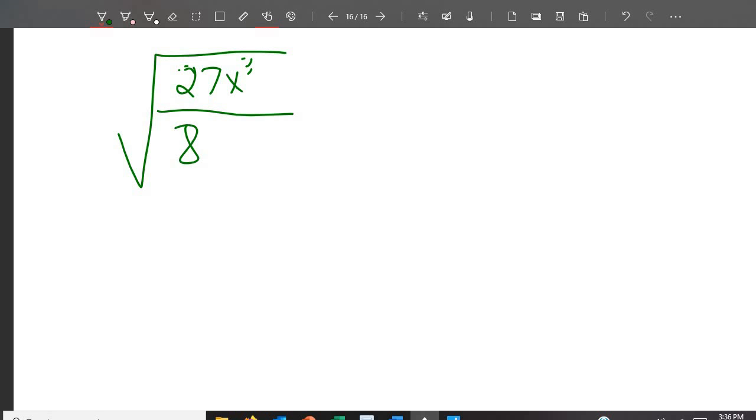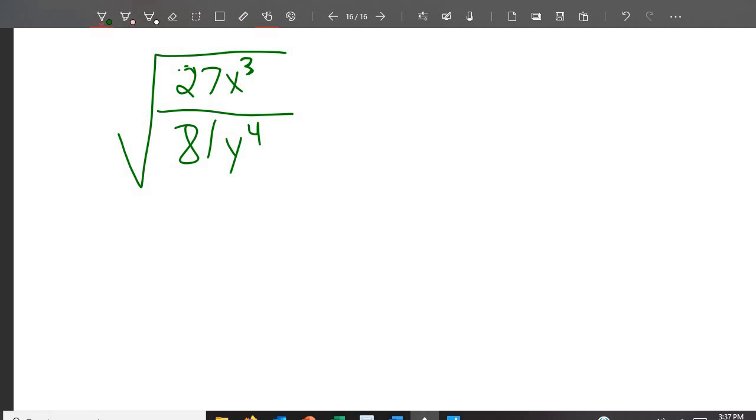So you're just doing 2 different square roots in the same problem. Let's do another one. Let's do the square root of 27x to the 3rd over 81y to the 4th.